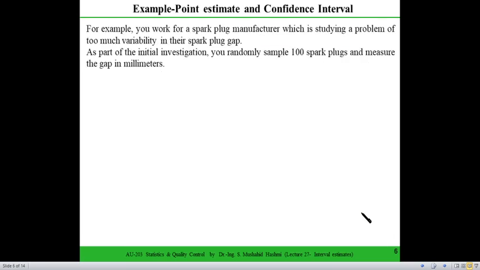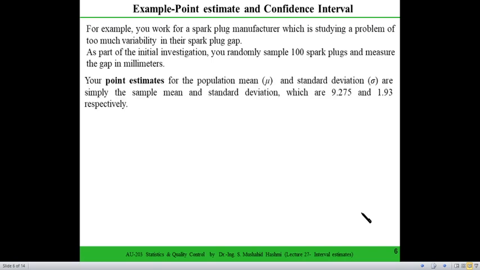And there are a lot of examples. For example, you are a spark plug manufacturer and you are interested in the variability in the spark plug gap. You take a random sample of 100 different spark plugs and measure the gaps in millimeters. Your point estimates would be the sample mean and standard deviation, which come out to be 9.275 and 1.93 millimeters respectively.